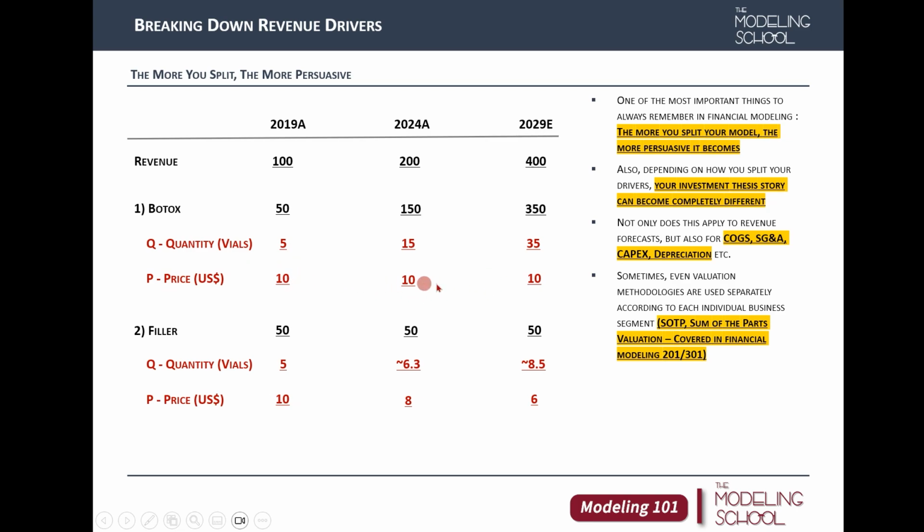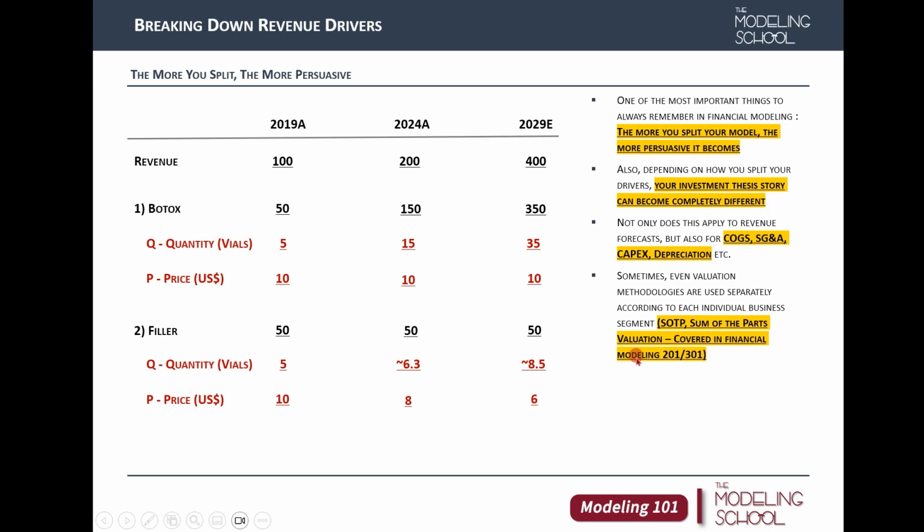So we also estimate that it's going to remain the same level for the next 5 years. For quantity, yes, the revenue was driven mainly by quantity. So later on, it's still going to grow, and we will have our reasons for why quantity grew so much for the next 5 years. And 35 times 10 equals 350. So thus the revenue for Botox.